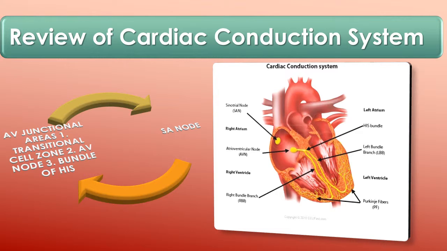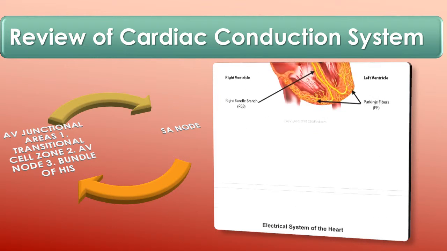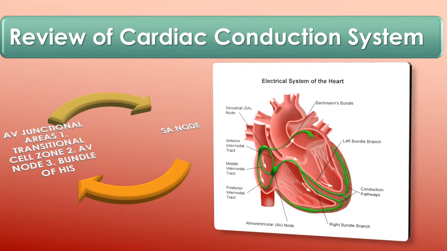Specifically, we're talking about the SA node, as you can note here in this picture, and we're talking about the atrioventricular junctional area, consisting of the AV node, when we get ready to talk about it specifically. Let me show you another picture. There is another picture just for a different reference, with the SA node and the AV junctional node area that we'll want to talk about.